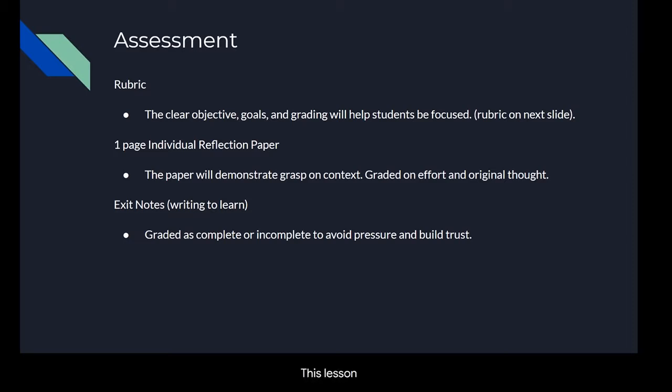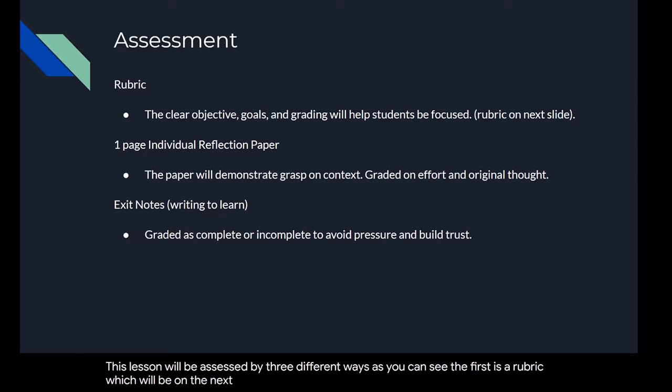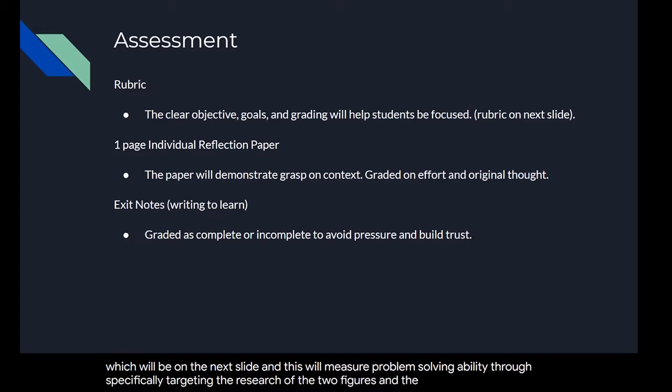This lesson will be assessed in 3 different ways. As you can see, the first is a rubric, which will be on the next slide. And this will measure problem-solving ability through specifically targeting the research of the 2 figures and the end presentation.